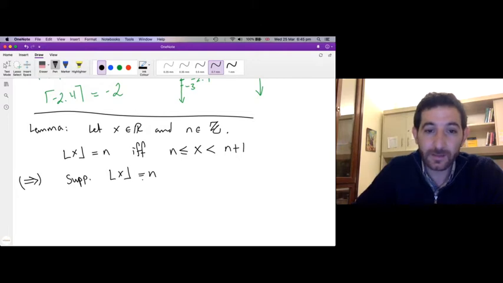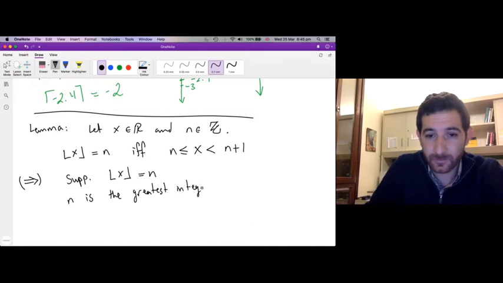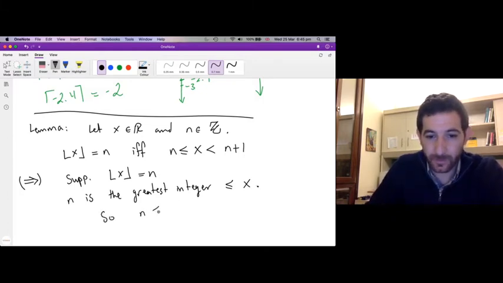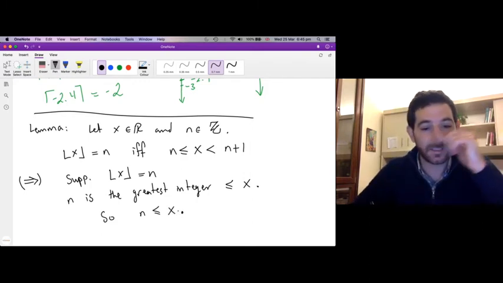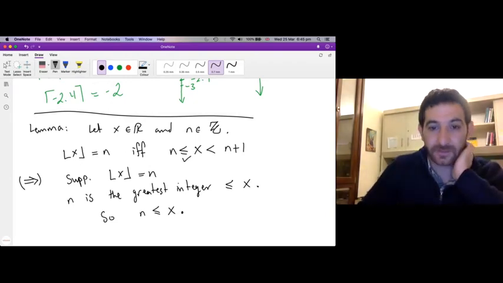Then n, by definition of the floor, n is the greatest integer less than or equal to x, right? So, in particular, n is less than or equal to x. It's not only less than or equal to x, it's the greatest one. So we proved this inequality.